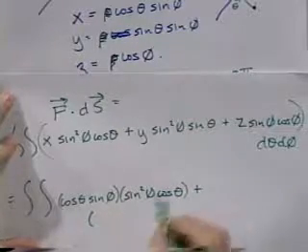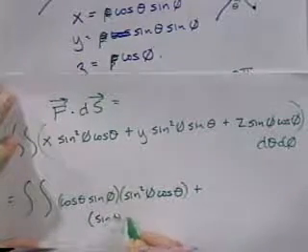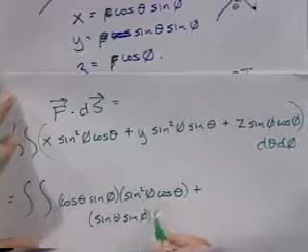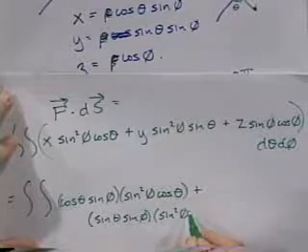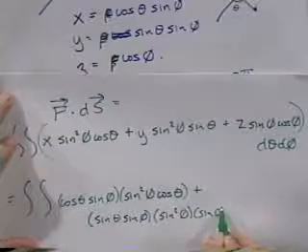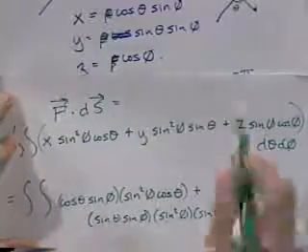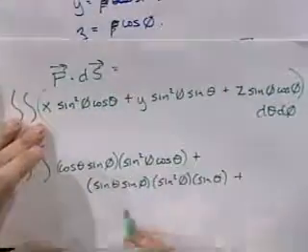For y, I'm going to put in sine theta sine phi. And for z, I'm going to just put in cosine phi.